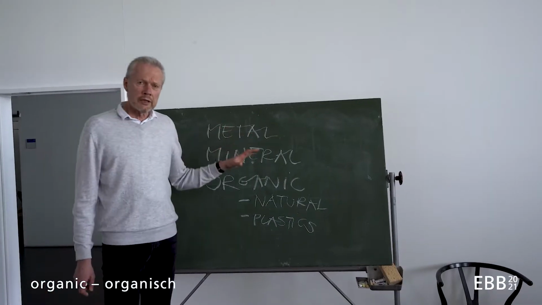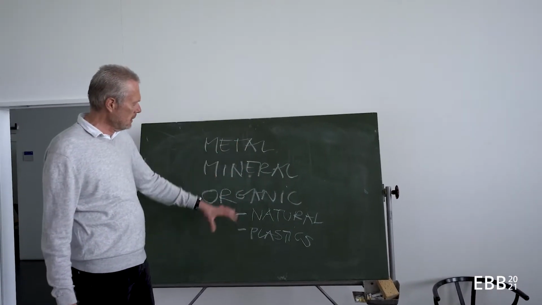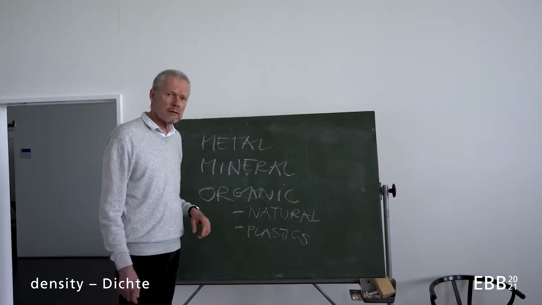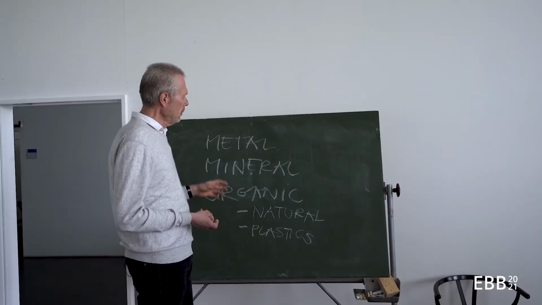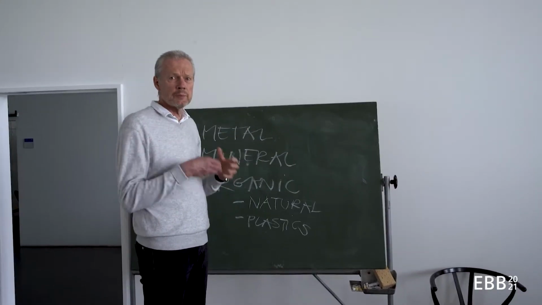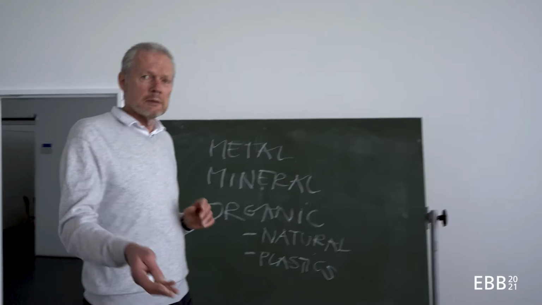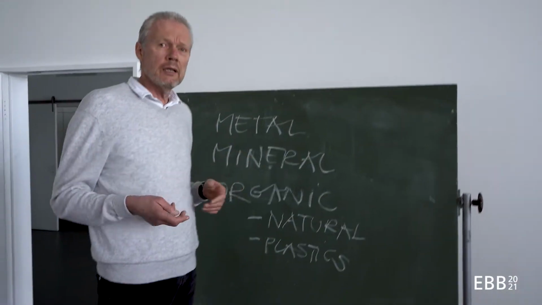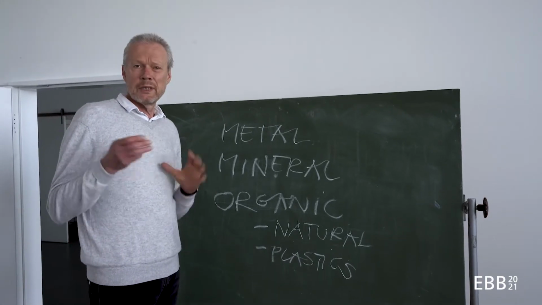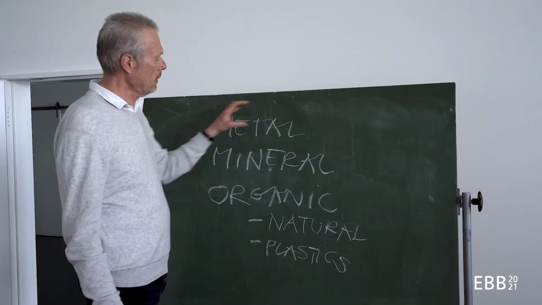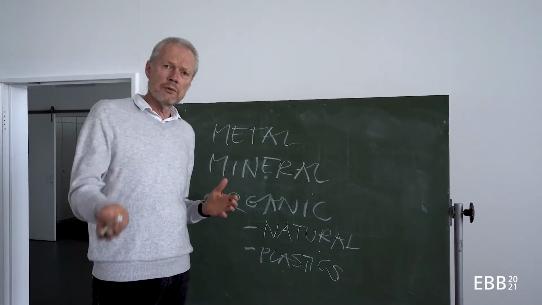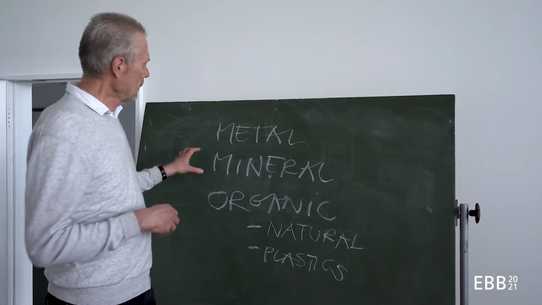So if we look at the density of these materials, metal would be rather heavy. You would measure this by tons per cubic meter or by kilograms per cubic decimeter. For water it would be around 1, and metals would be in the area of about 3 to 11.